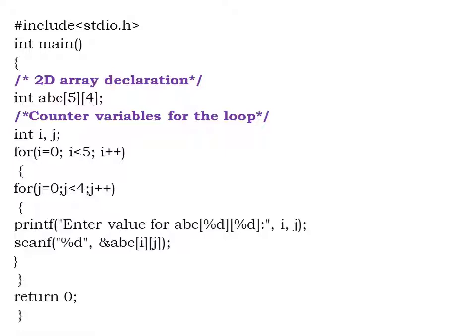Inside this inner for loop we have a printf statement which asks the user to enter the values for the given array. I have these counter values i and j representing the subscripts of the respective elements that will be stored, and then we have a scanf statement to read and store the values at the location represented by the counter values i and j.